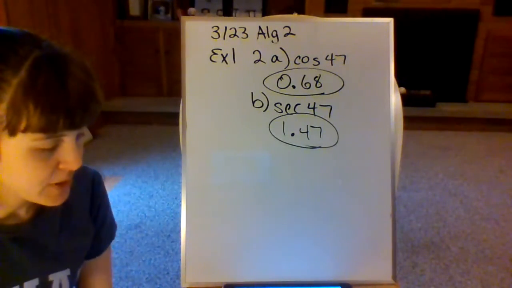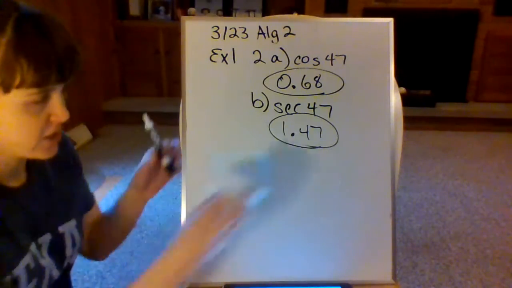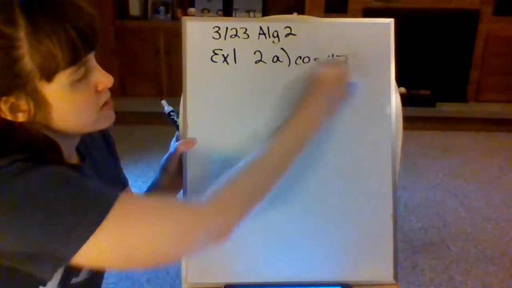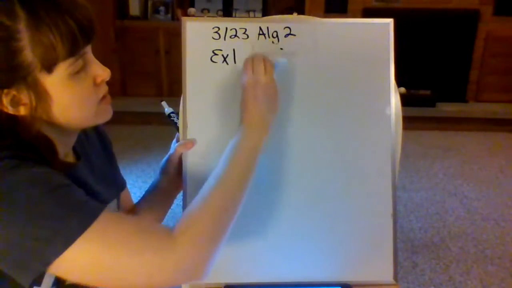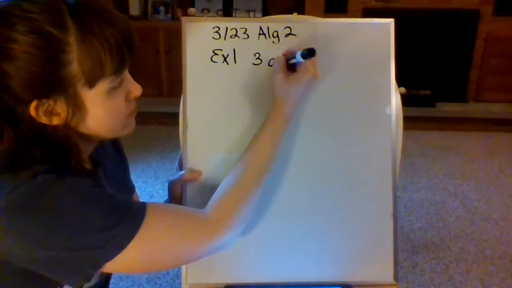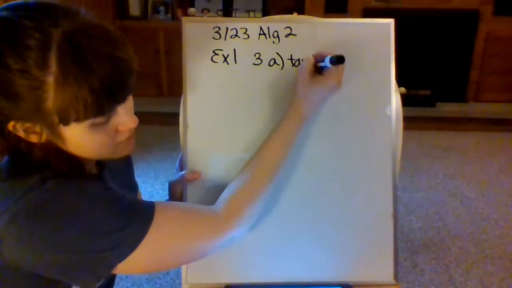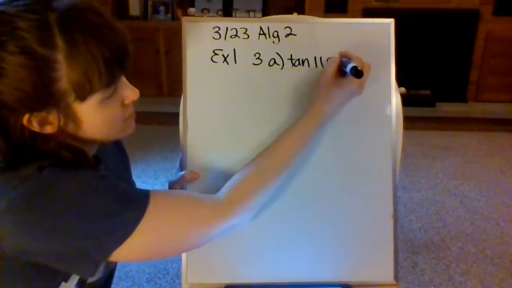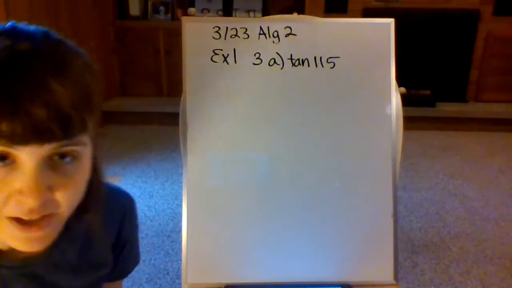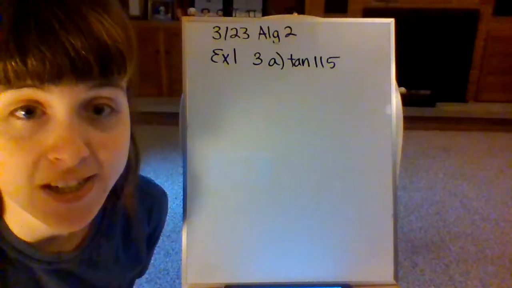Okay, now number 3 is going to be tangent and cotangent. Alright, so tangent of 115, and if you hear something weird, that's my heater, because I'm near the heater.